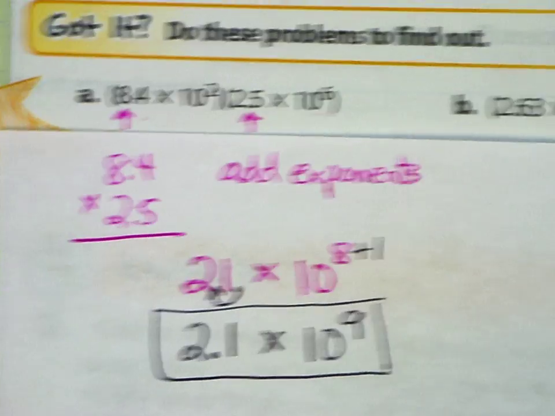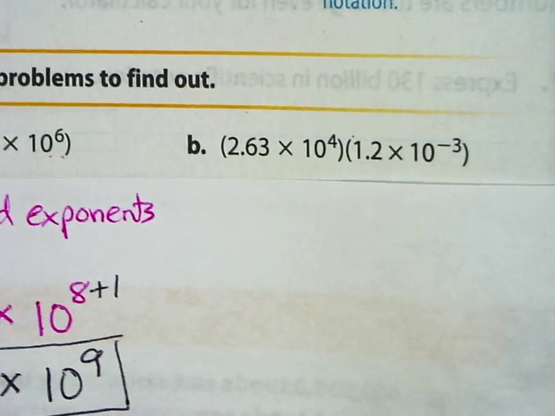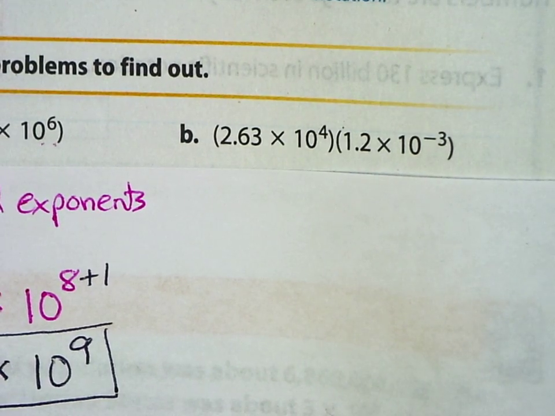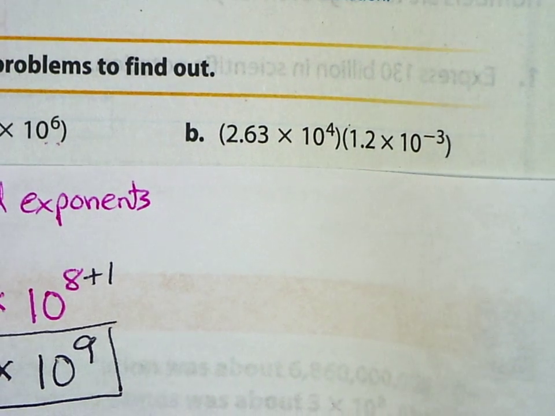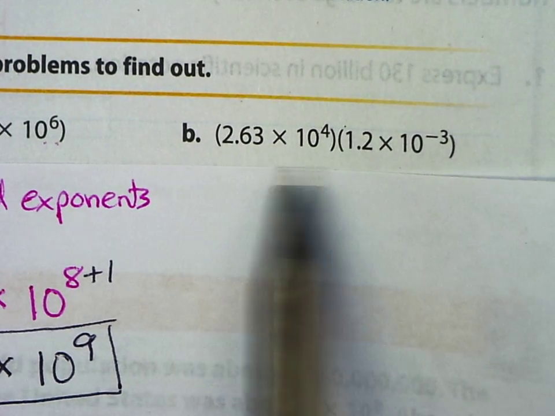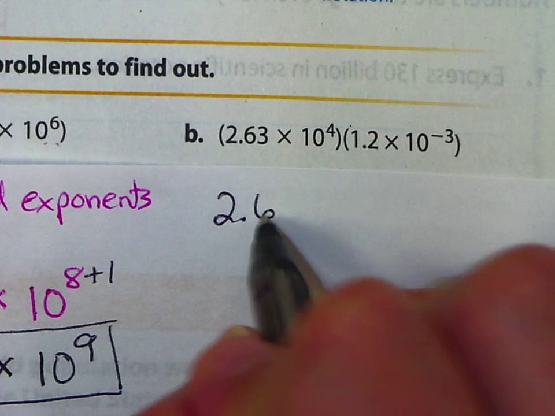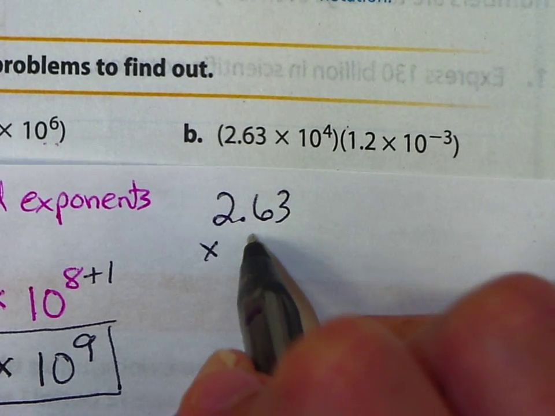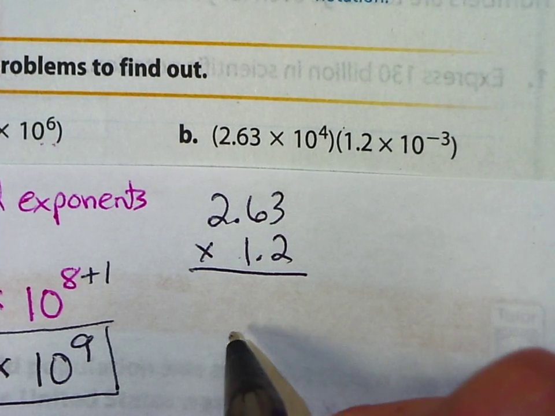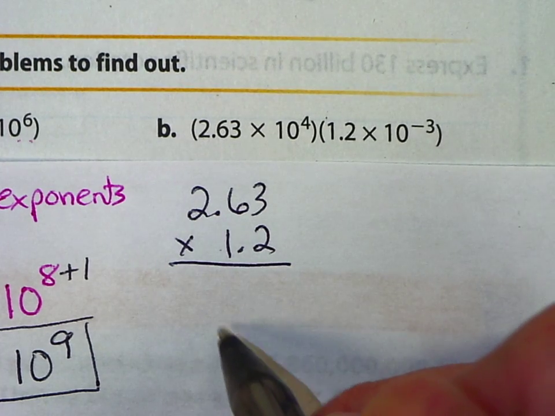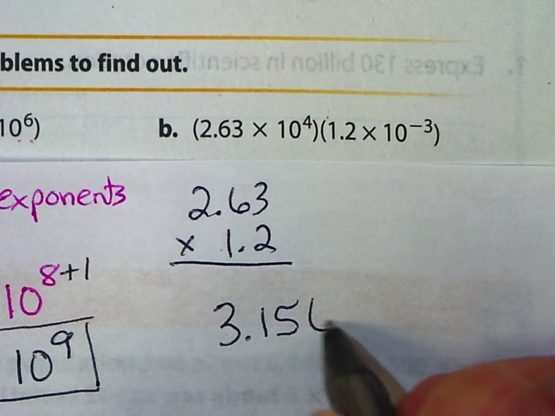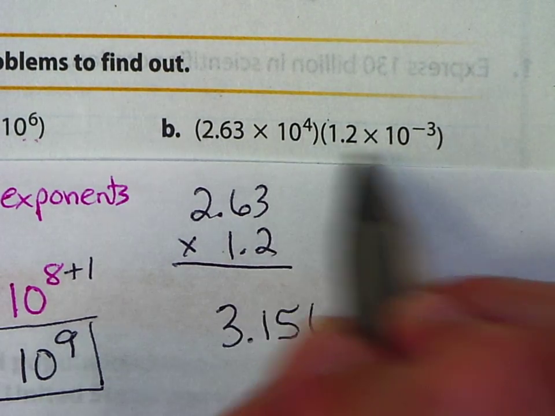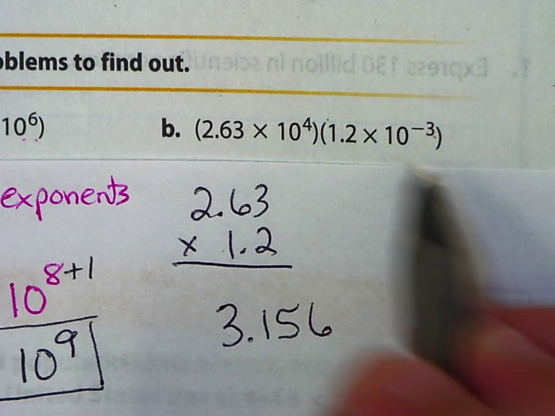Okay, let's just take a look at one more. This one is another multiplying problem. We're going to take 2.63 times 1.2, and when you do that on your calculator, you actually get 3.156. And then remember, we're going to add the exponents on the base of 10.